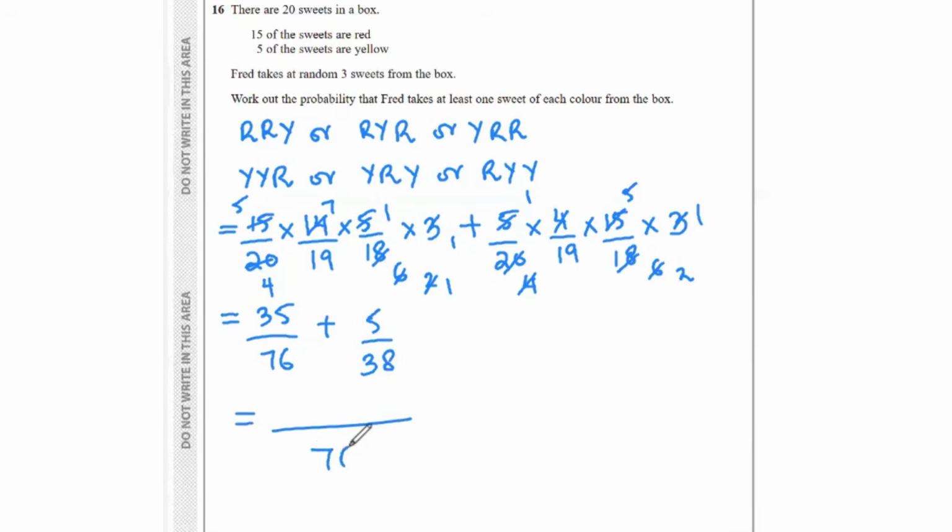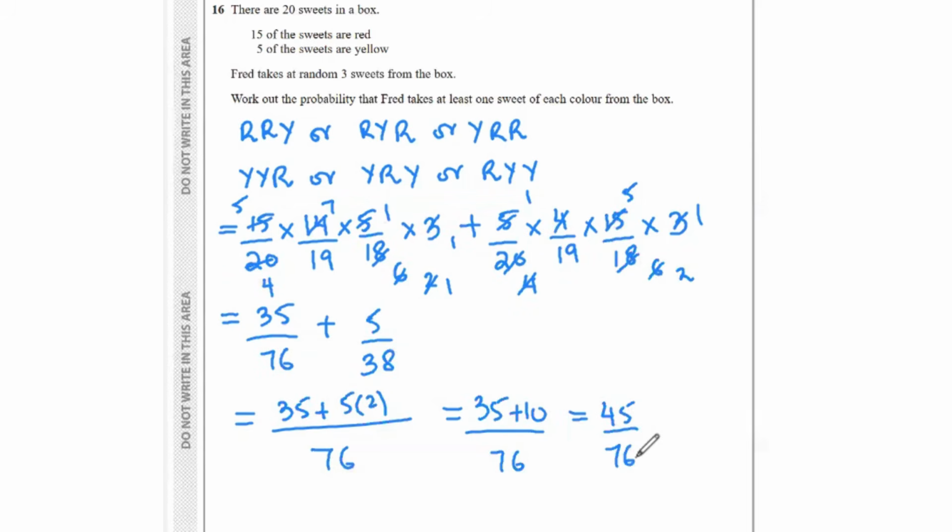Lowest common multiple is 76, so this is 35 plus 5 times 2. That is 10. So 45 over 76 is your probability of Fred taking at least one sweet of each color from the box.